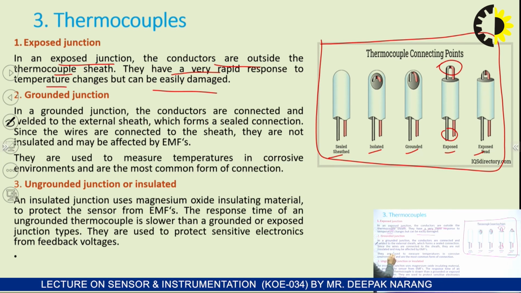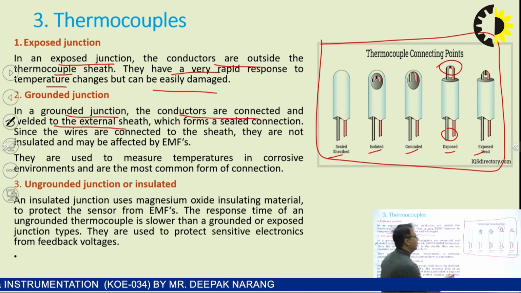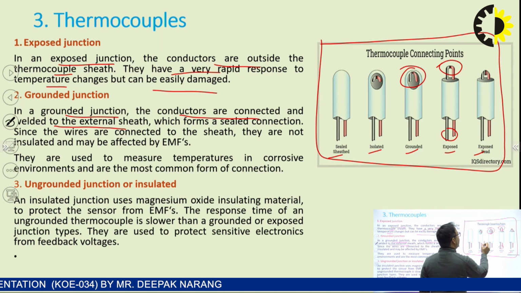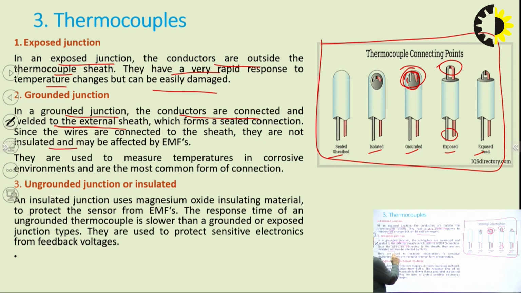Second is grounded. In a grounded junction, the conductors are connected and welded to the external sheet. Here, it is not outside, rather it is welded with this external sheet. So they are not properly insulated and may be affected by EMFs. Third is the ungrounded junction, or insulated.